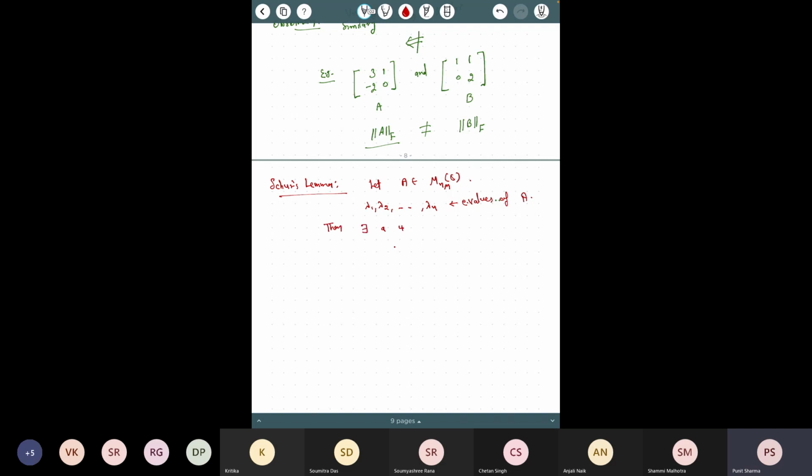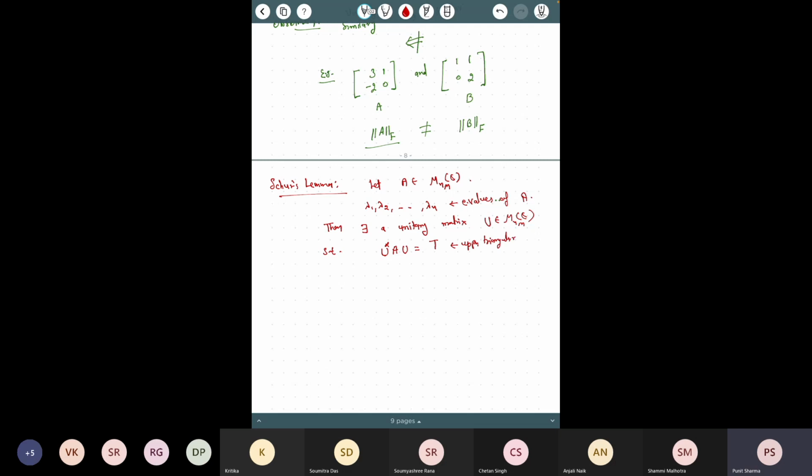there exists a unitary matrix U of the same size such that U star AU is equal to T, where T is upper triangular.